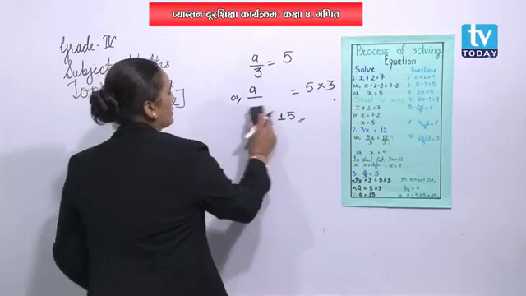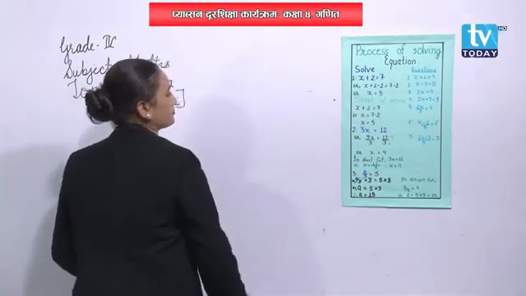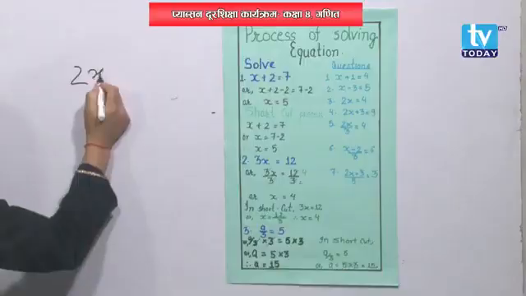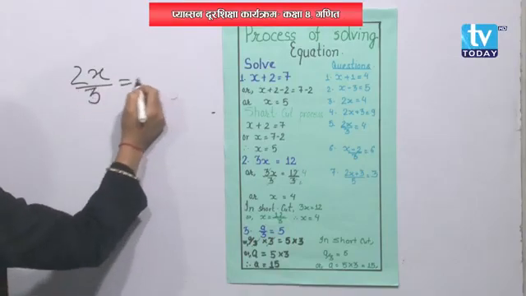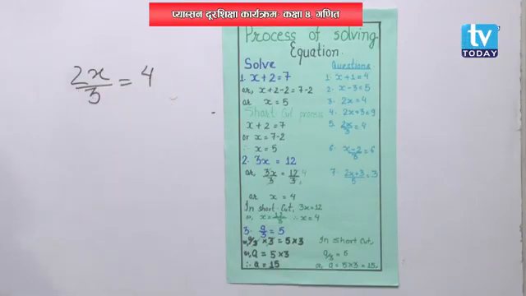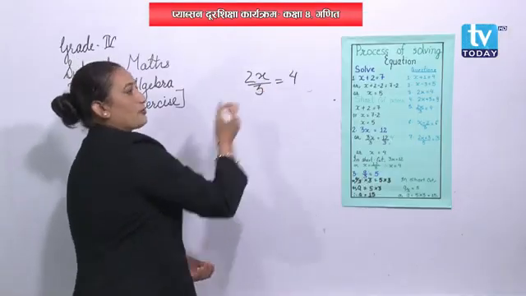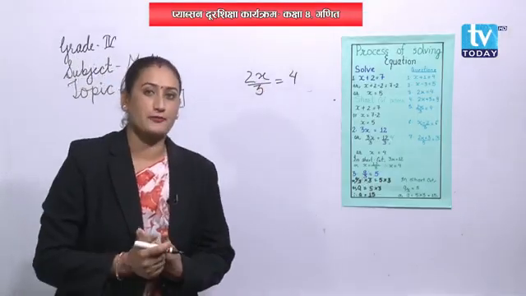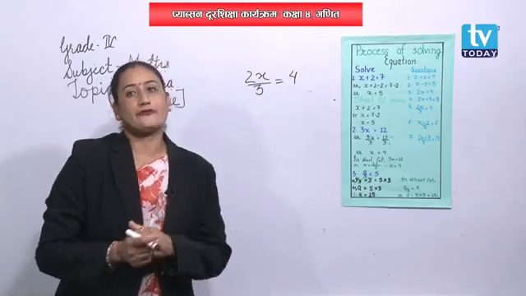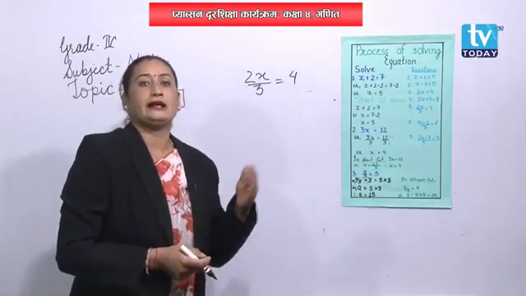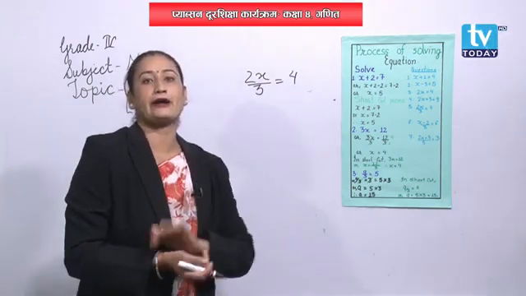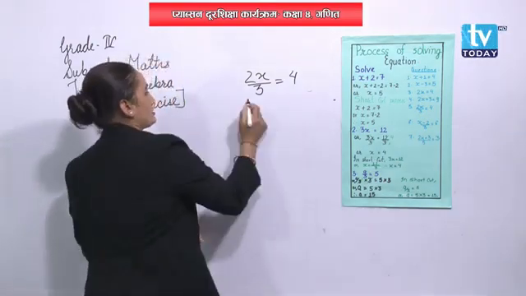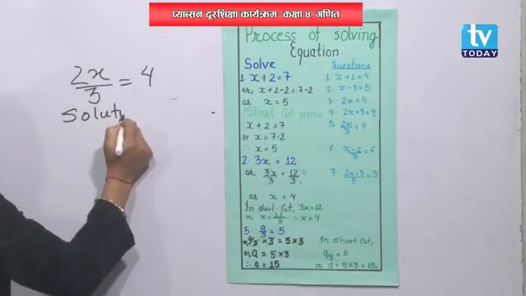Okay, one question is for you. What is that question? 2x by 3 equals 4. When you get this type of question, what shall we do? Let's have a look. Here is the multiple form also, here is the divide form also. Right, students? First, what you have to do? Let's remove the divide form. How to remove? So here is the solution. Have a look.